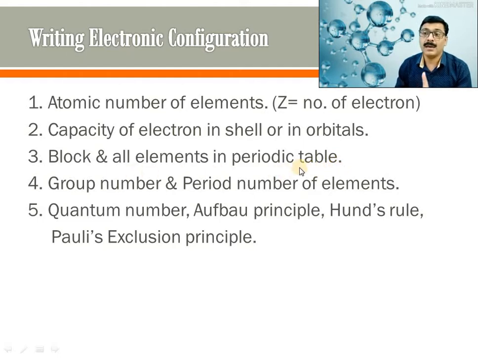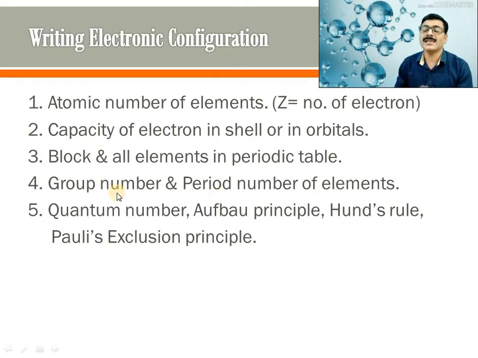Then the fourth is the group number and period number of all elements, on which group and on which period the element is present. If you remember it, then you can easily write the electronic configuration.